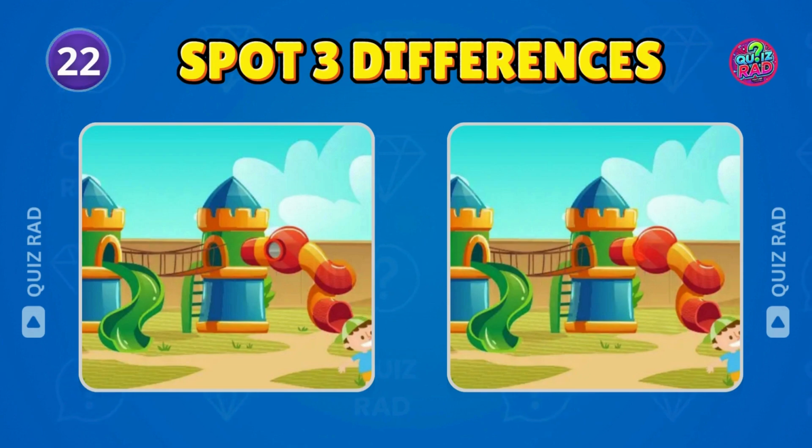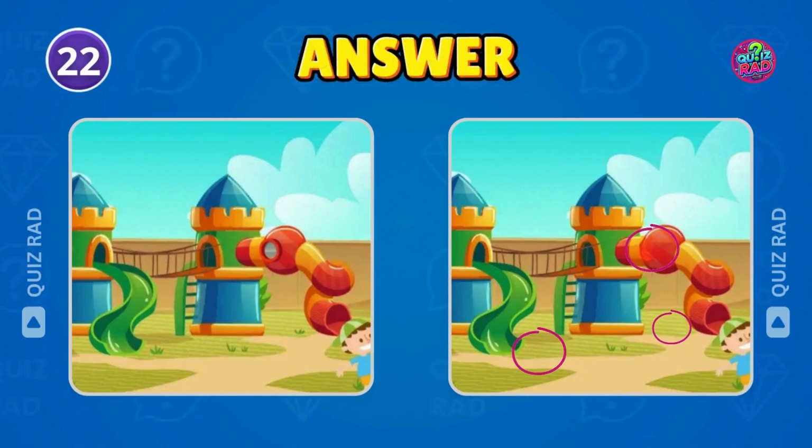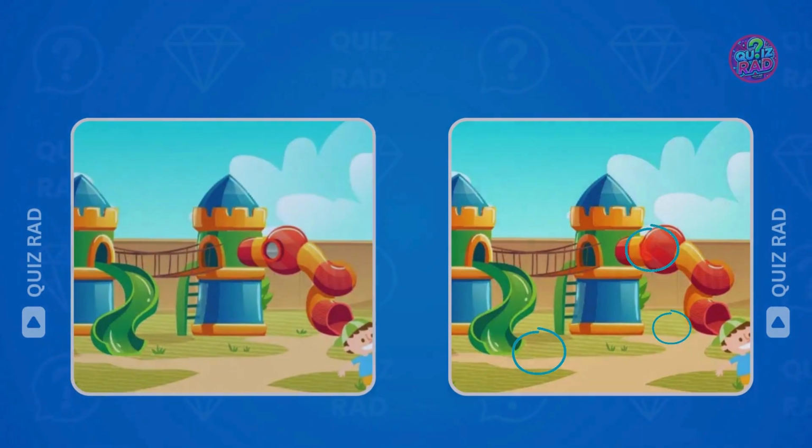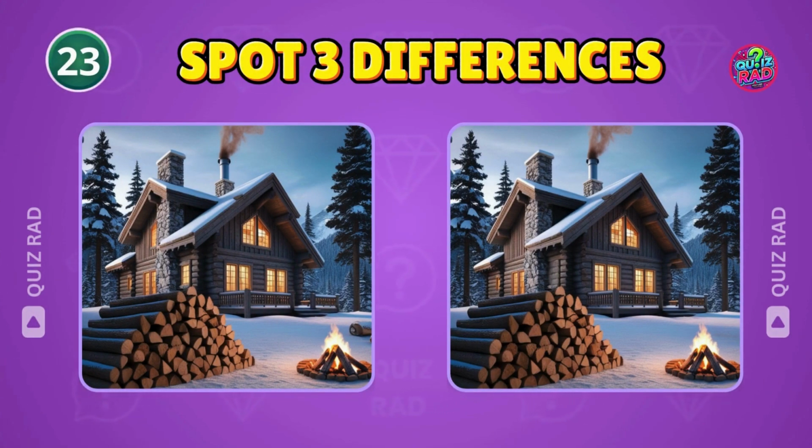Can you find all three? The clock is ticking. Spot the changes before time runs out.